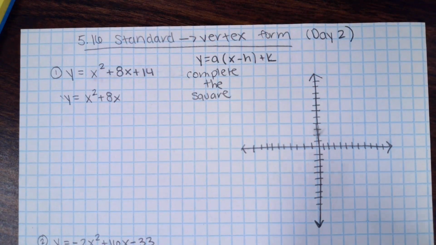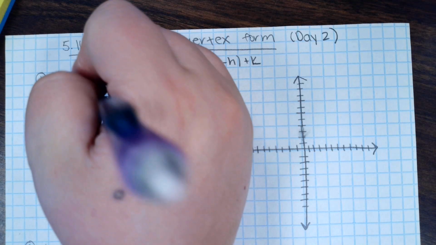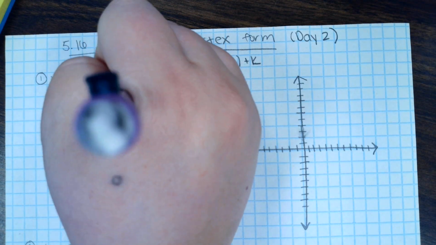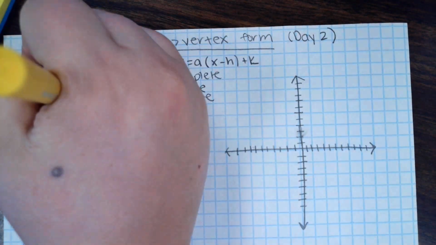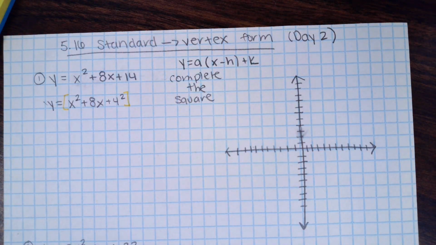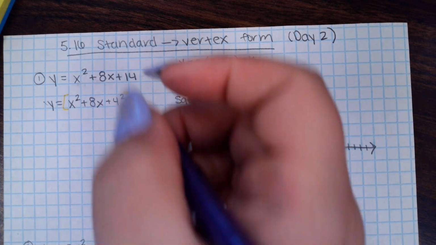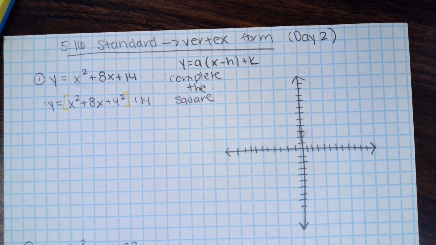Now, because I'm creating that perfect square trinomial, I'm going to add my 4 squared right here, because then we have our perfect square trinomial that we'll be able to factor. And then we can't forget, we also have a plus 14 on the end here.